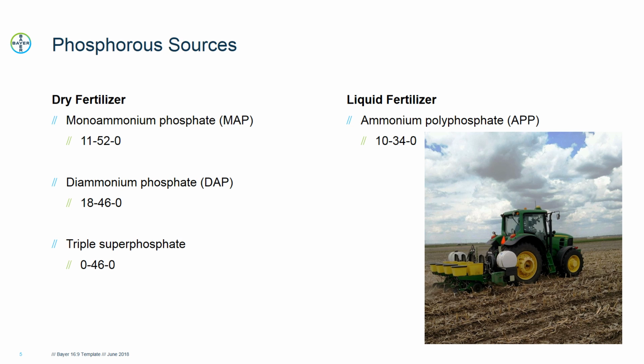Lastly, while not prevalent in row crop production, is triple superphosphate, or 0-46-0. As you can see, this is our only phosphorus source listed that is pure phosphorus and is not accompanied by nitrogen. In the liquid category, we have ammonium polyphosphate, or 10-34-0.